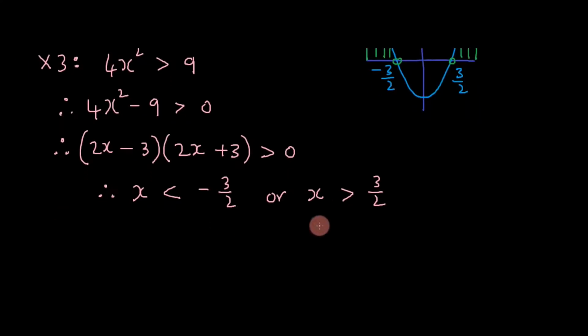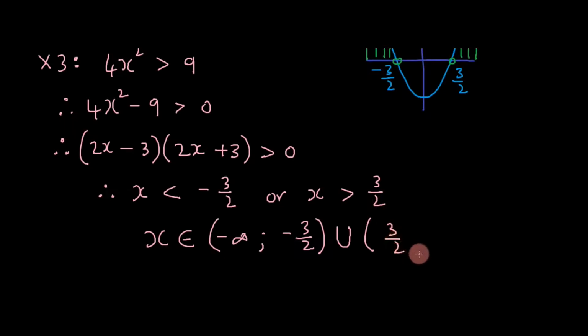If you wanted to illustrate this in interval notation, it's going to be the union of these two intervals. So x is an element of the open interval from negative infinity to negative 3 over 2, together with the interval from 3 over 2 to positive infinity.